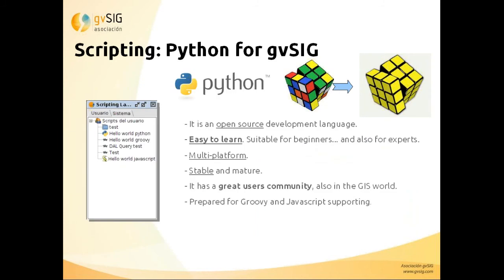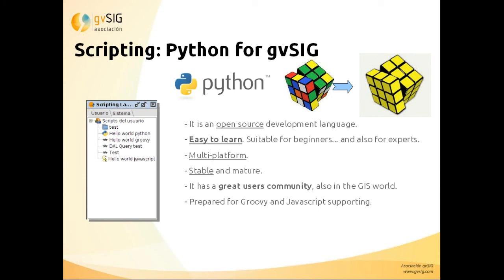About scripting, in gvSIG 1 there was a scripting model, but it has been improved now. gvSIG is developed in Java. Java is a difficult programming language, and with the scripting extension in gvSIG, the user can use Python. Python is easy to learn, open source, multi-platform, and stable.